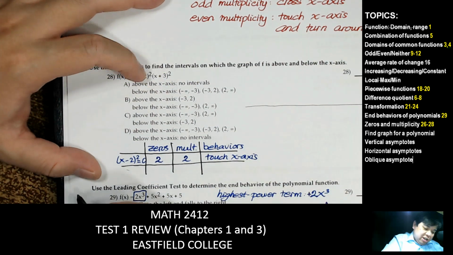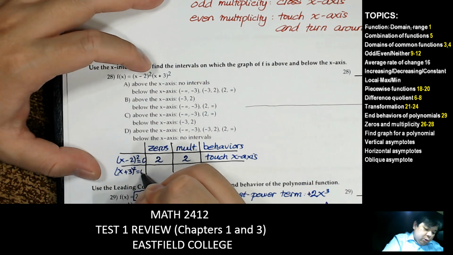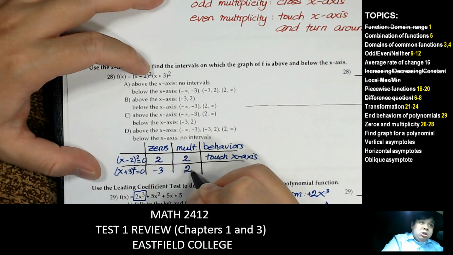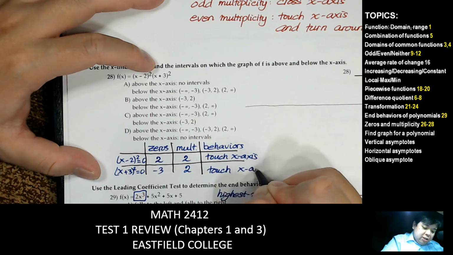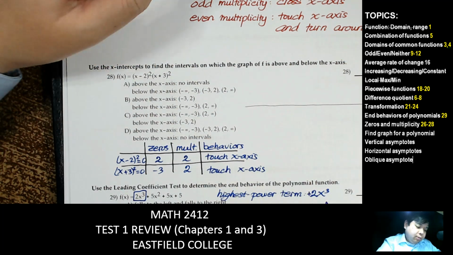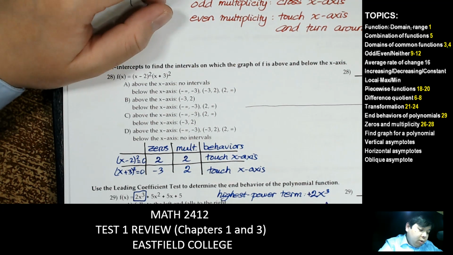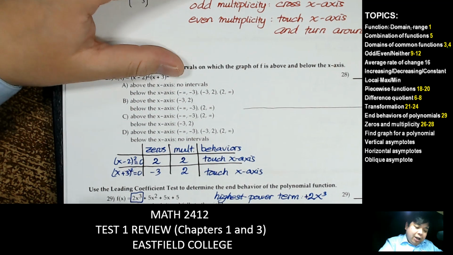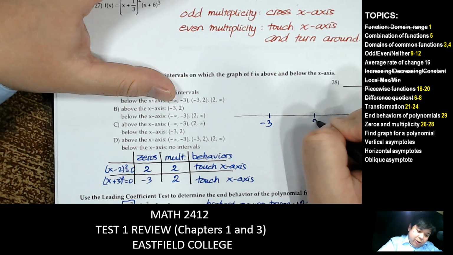I'm just going to write like that. That x plus 3 squared equal to 0, we have negative 3, multiplicity of 2, also touch the x-axis. Alright, so we have negative 3 and then 2.